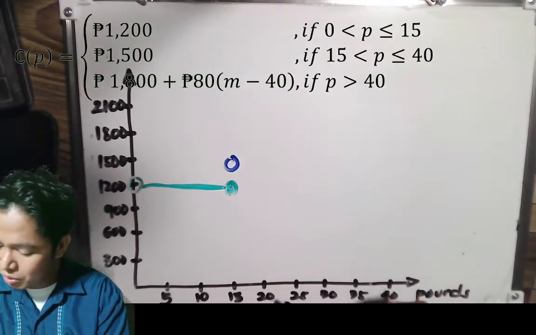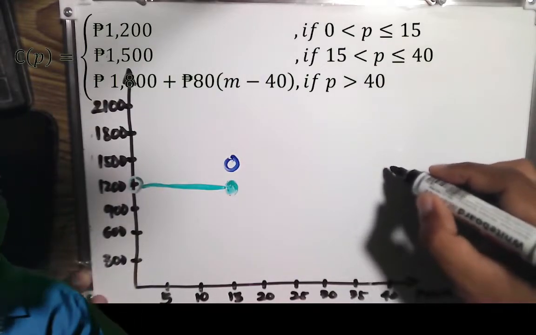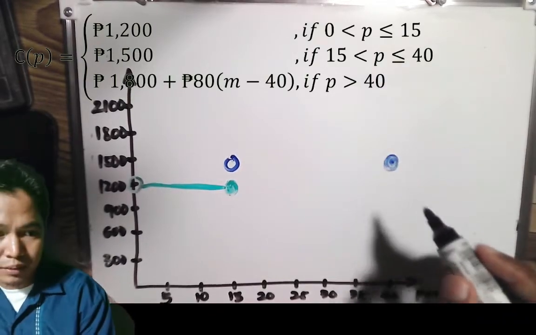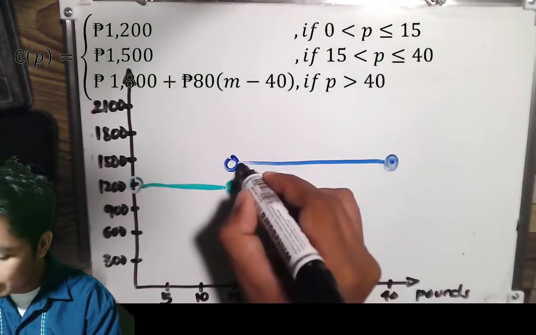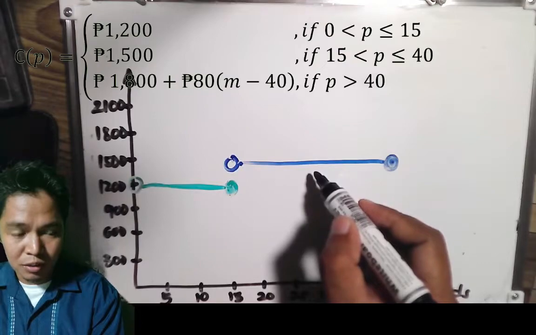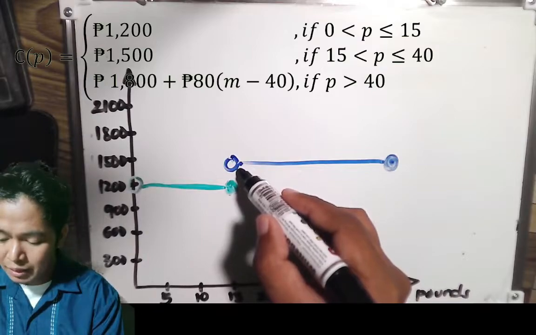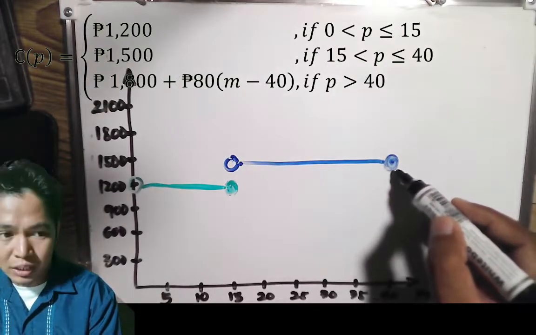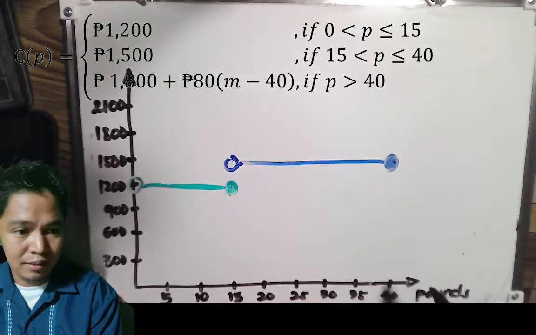So, 15, 20, 25, 30, 35, 40, hanggang dito. Yan. Ang representation na natin yan is yan. So, that is our second function that costs 1,500 from more than 15 kasi naka-open hanggang 40 pounds. Okay.